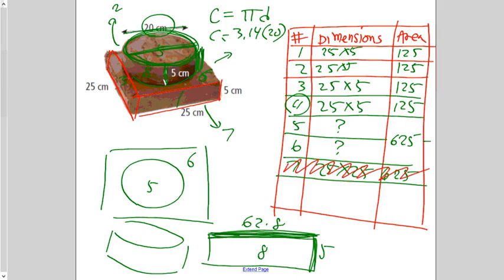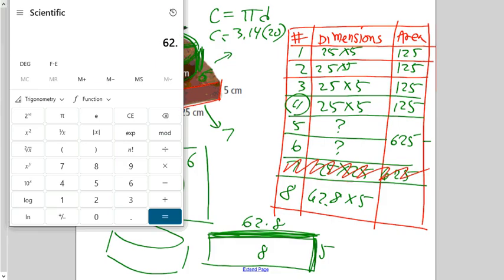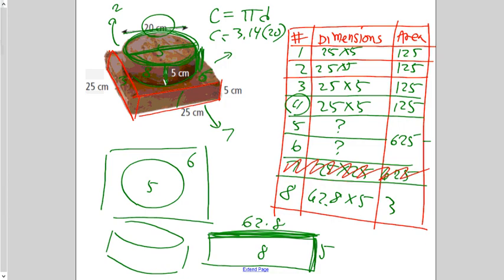Okay? So if I think of that side of that cylinder as the rectangle, it would be 62.8 centimeters long and 5 centimeters high, which means face 8, which has to be iced, is 62.8 by 5. And if I take 62.8 and multiply it by 5, it's 314, which is an interesting number.